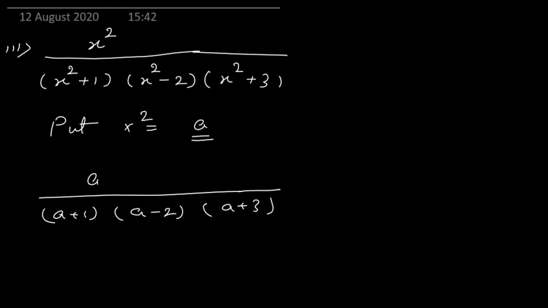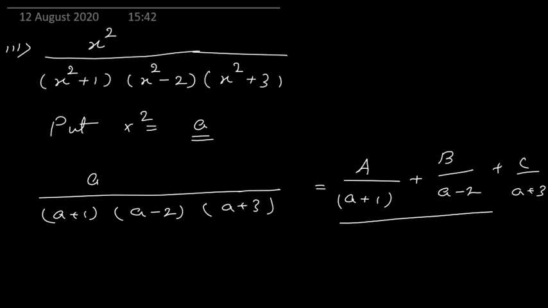Now you can write this as A upon a plus 1. If you get confused by this a, in place of a you can take any other variable, say p, then plus B upon a minus 2 plus C upon a plus 3. And now you can solve this problem as you have done the previous problem.